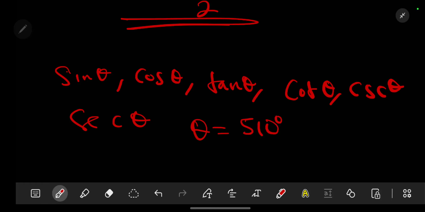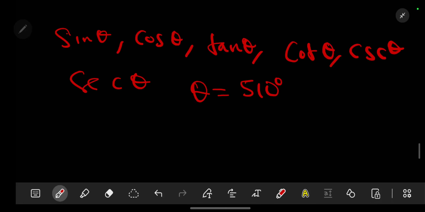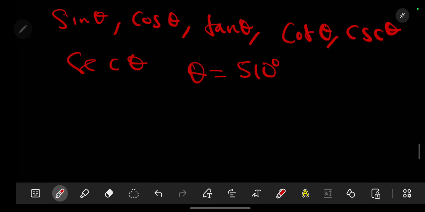So knowing this and our knowledge of coterminal angles, remember coterminal angles differ by a complete rotation. If you don't know what coterminal angles are, kindly watch the previous video on coterminal angles. Under coterminal angles, if the angle is big, you either add 360 or subtract 360. In this case, this is 510, you can subtract.